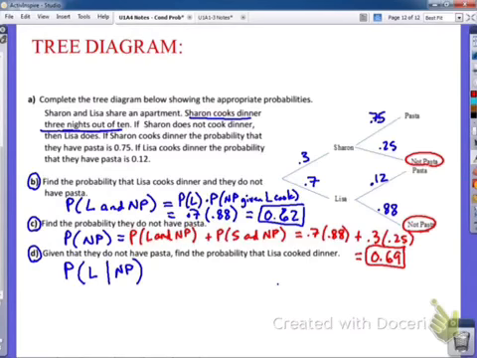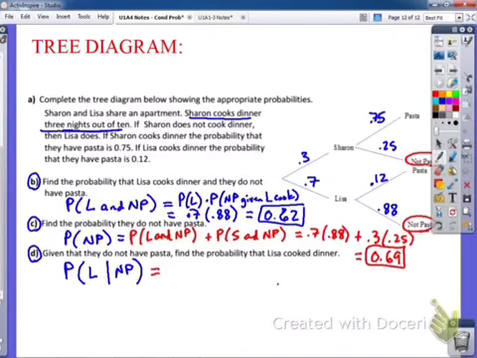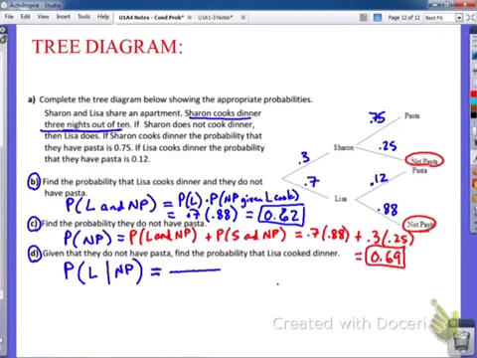So our final question is, given that they do not have pasta, find the probability that Lisa cooked dinner. The probability that Lisa cooked dinner, given that they do not have pasta, is the answer from letter B divided by the answer from letter C. It's the probability of Lisa cooking dinner and not having pasta divided by the probability of not having pasta.